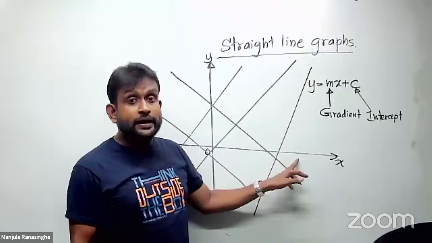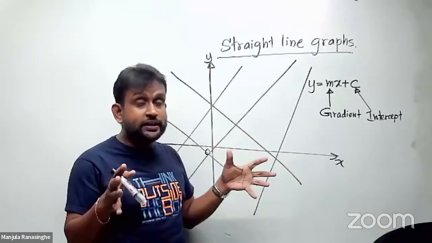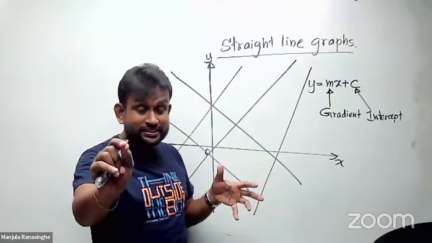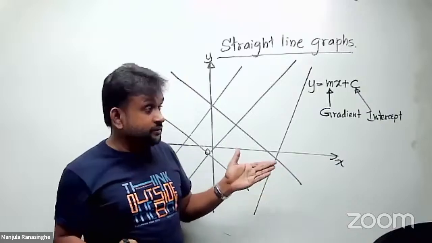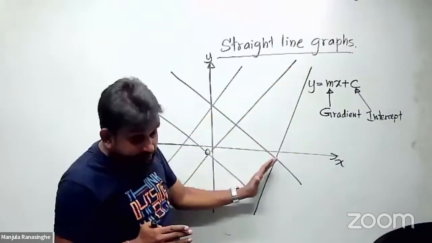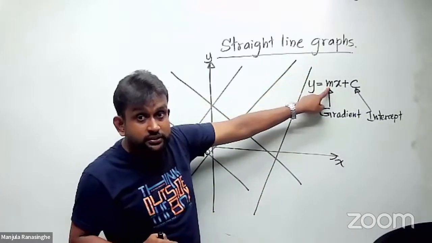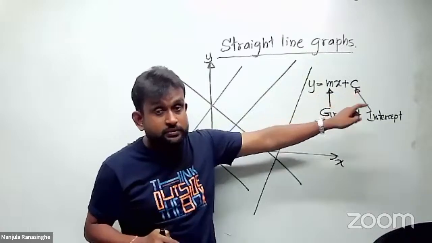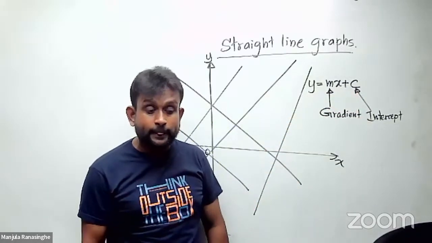According to x, y varies. X and y are the coordinates. When we input a certain x, accordingly the y value is given. For a certain straight line, throughout the line, m is constant as well as c is constant. They do not vary for a specific straight line we consider.